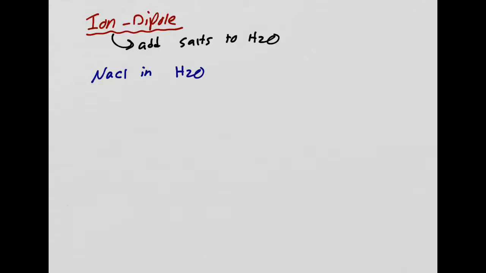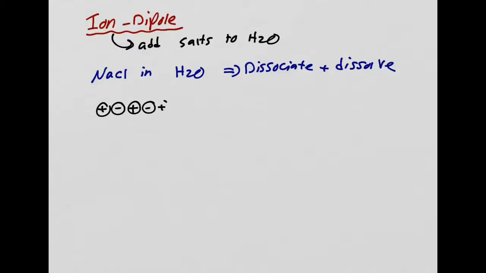If you add NaCl in H2O, it's going to dissociate and it's going to dissolve. I'm actually going to draw out what I mean by that. So NaCl, they have ionic charges, right? So you have nothing but a bunch of ionic charges going on here.